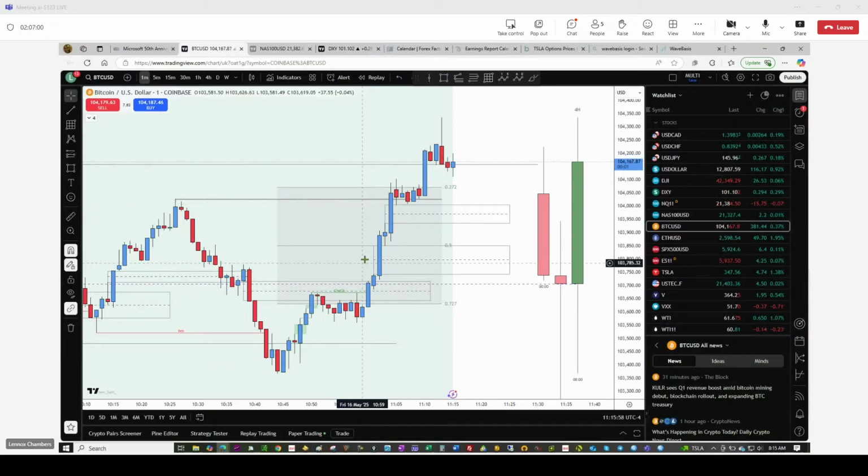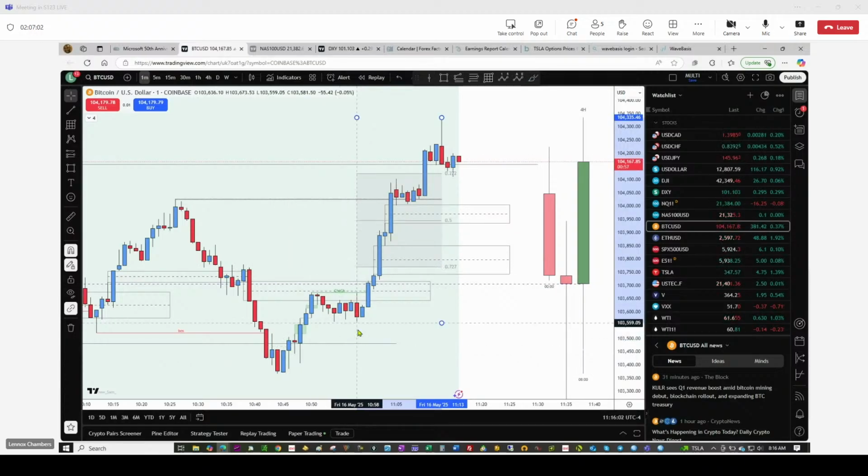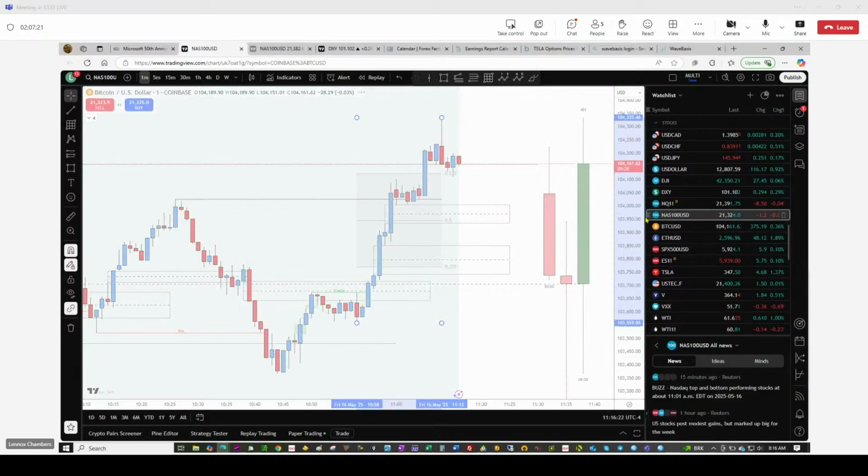If I looked at just the last leg here, then that takes us to the first gap, which is reasonable. I could say that's a reasonable retrace back to here, and then we could see a move. But we could also push down into this one. So can't rule that out.